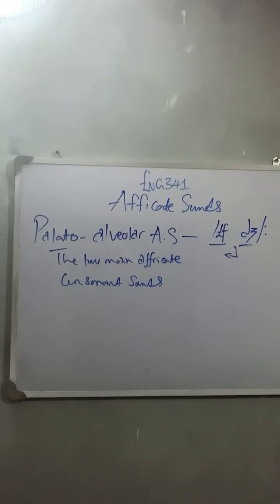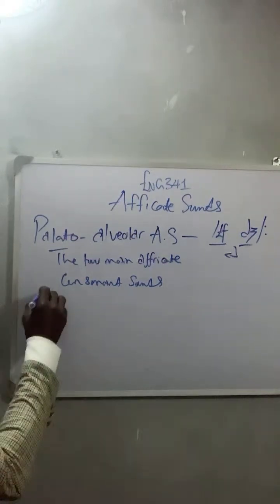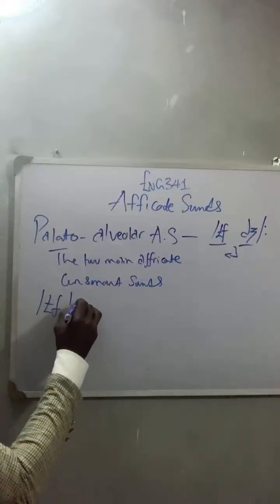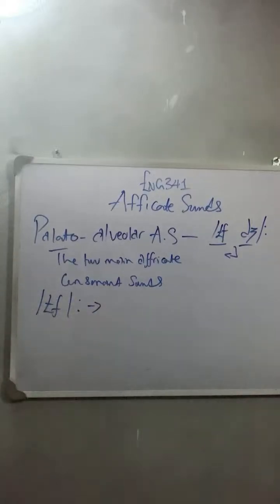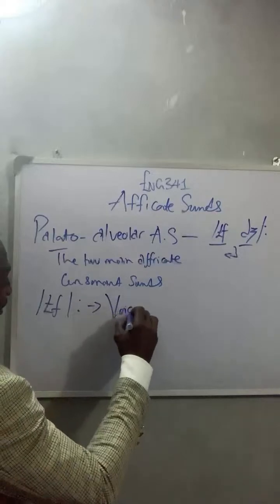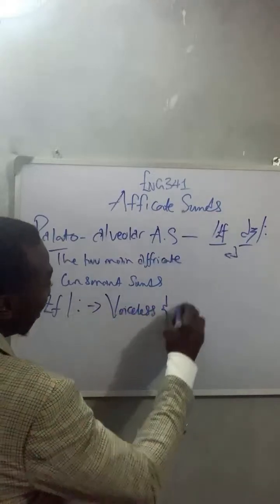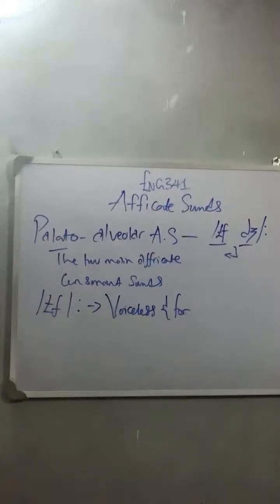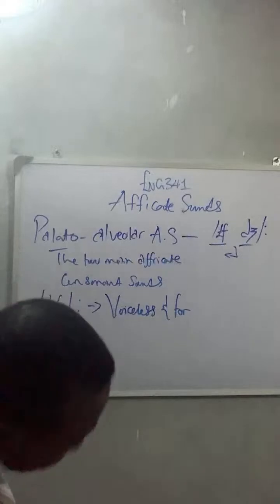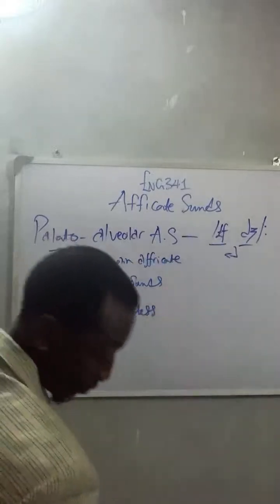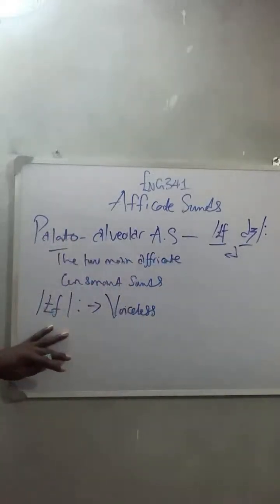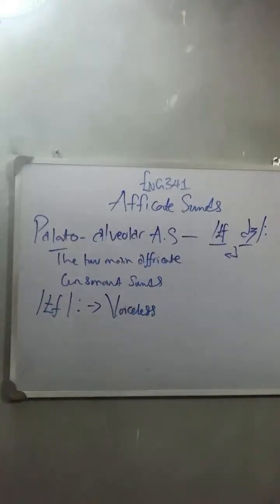The first pair is referred to as tʃ, which is a combination of voiceless and fortis, voiceless fortis alveolar.